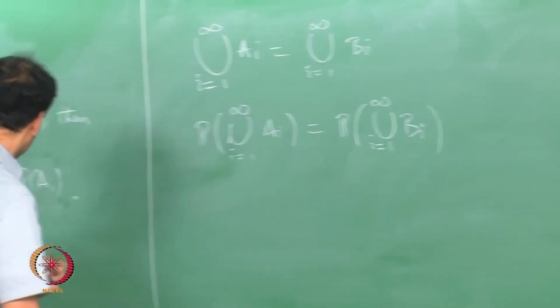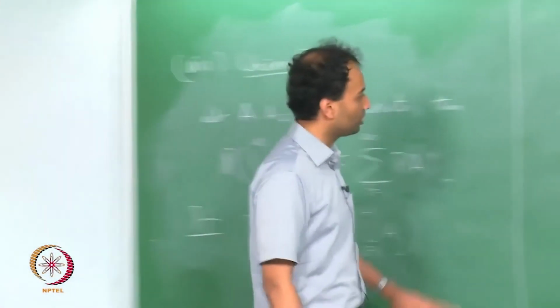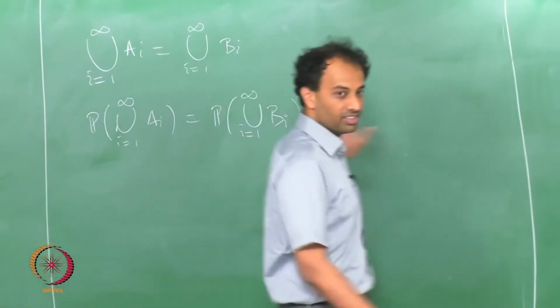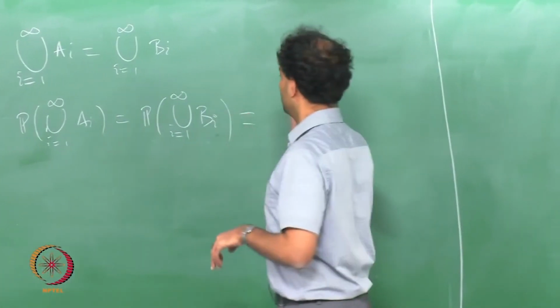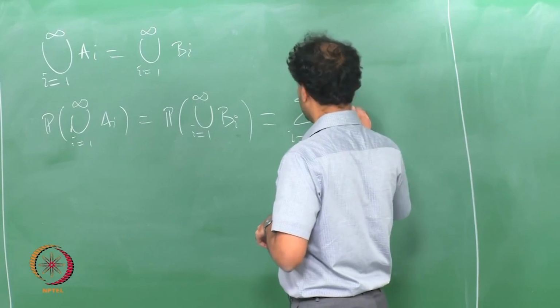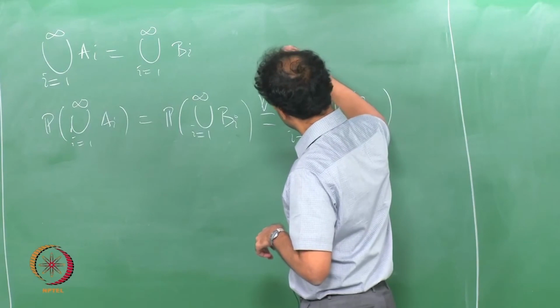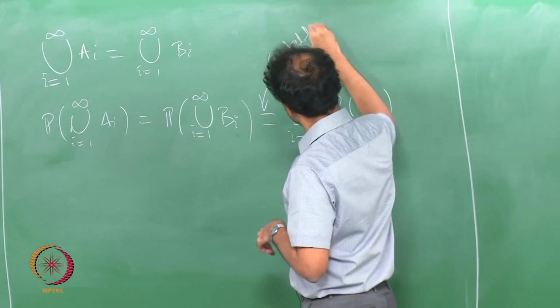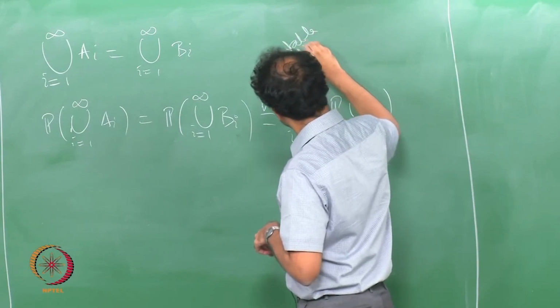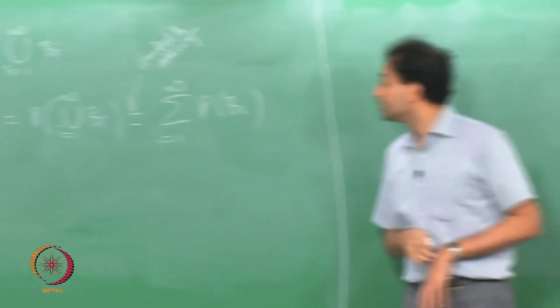By construction, the B_i's are disjoint, so this is a countable union of disjoint events. So this will be equal to the sum over i equals 1 to infinity of the probability of B_i, because of countable additivity of probability measures.